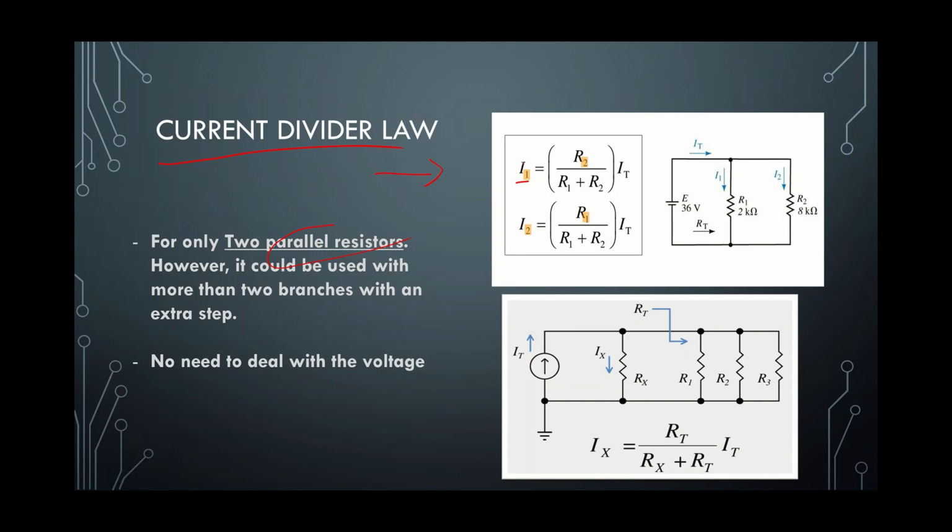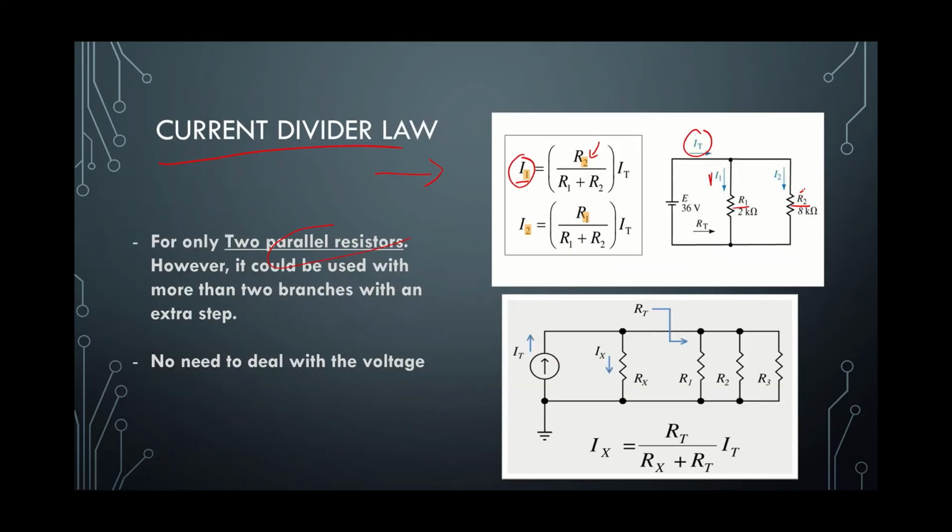So if we want to find I1 here, we have to multiply by R2 and divide by the total resistance.